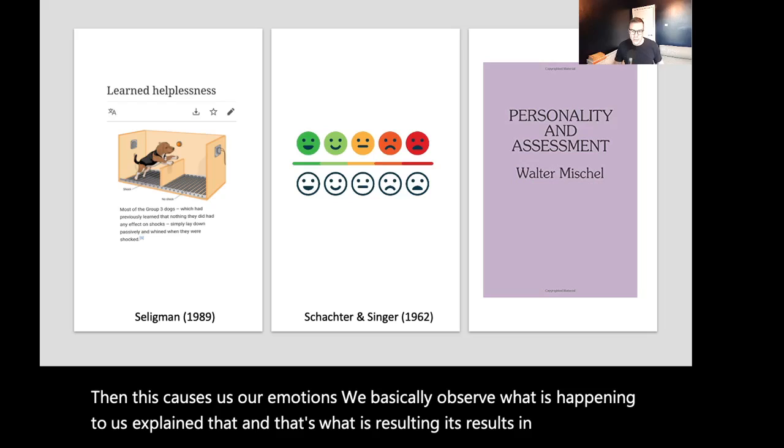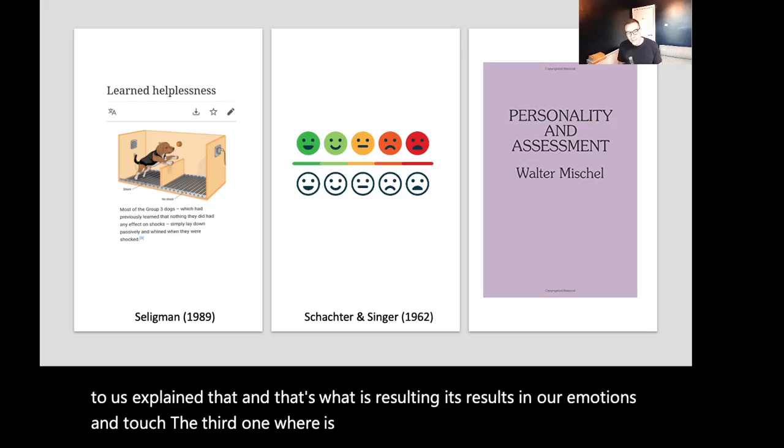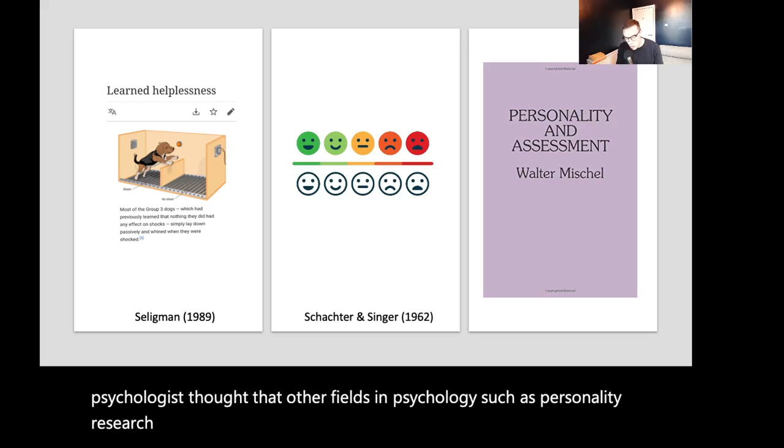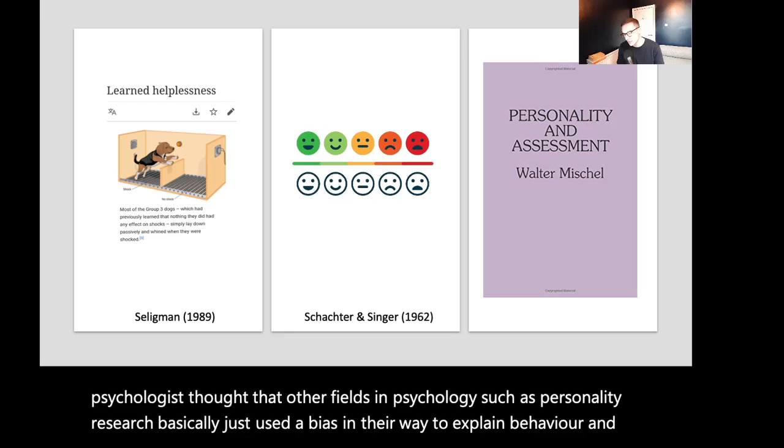And the third one is the boldest, where some psychologists thought that other fields in psychology, such as personality research, basically just used a bias in their way of explaining behavior.